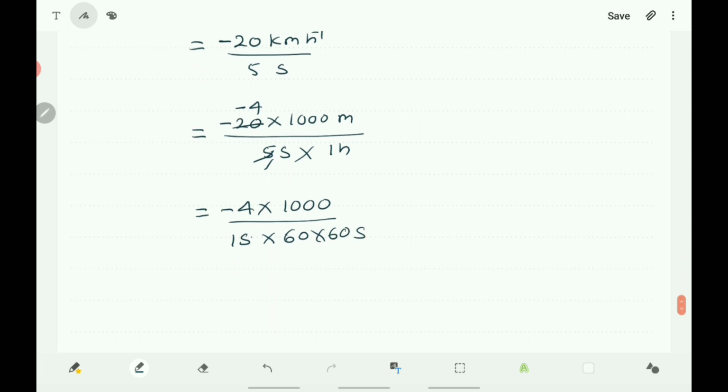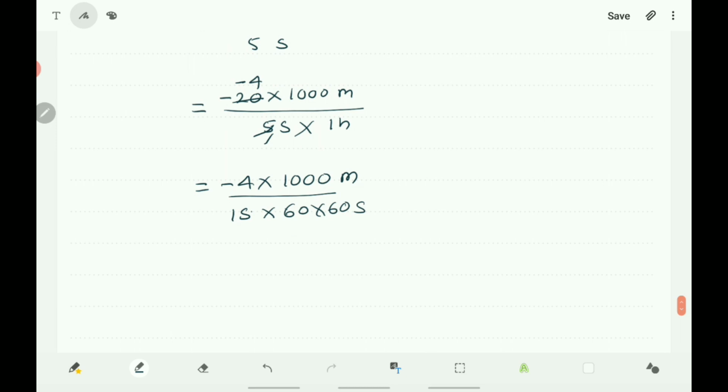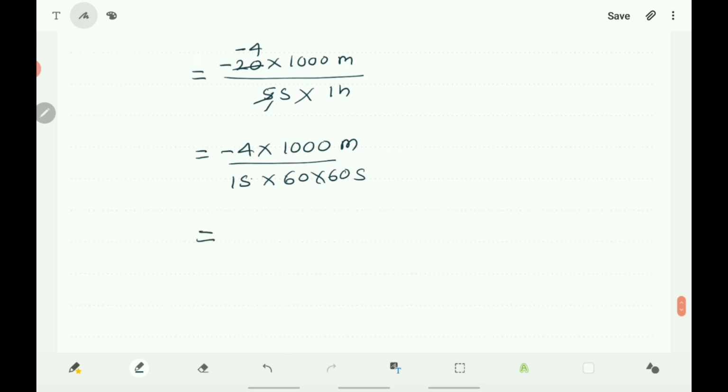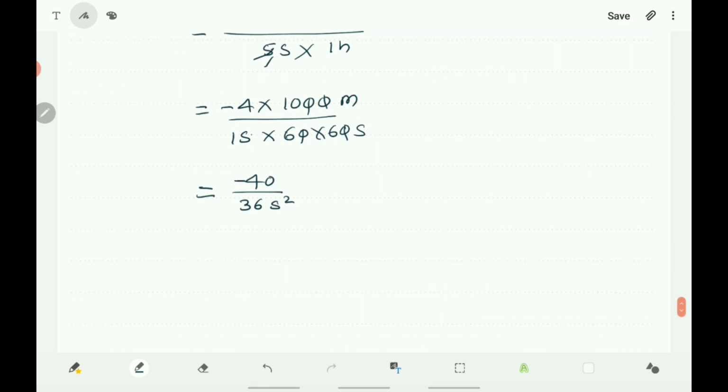Zeros cancel, and it becomes minus 40 by 36 seconds squared, that is minus 10 by 9 meter per second squared.